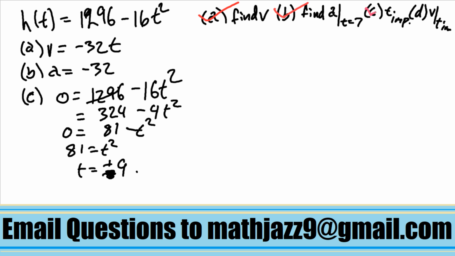We'll cancel that off of our list. And now we have the last one, part D. The velocity at the time of impact. Well, the time of impact is 9. The velocity is negative 32t. So v at time of impact is equal to negative 32 times 9, which is some number.